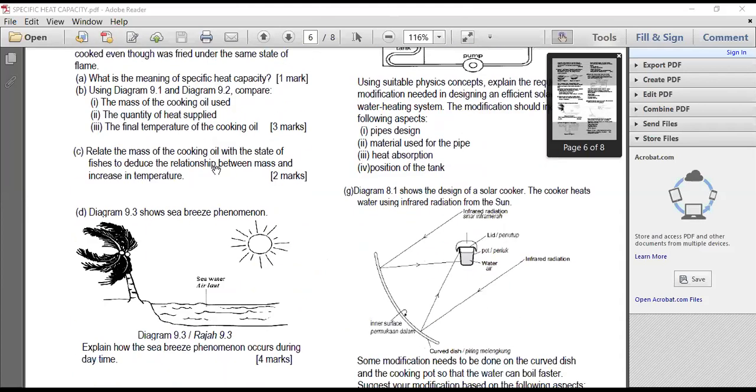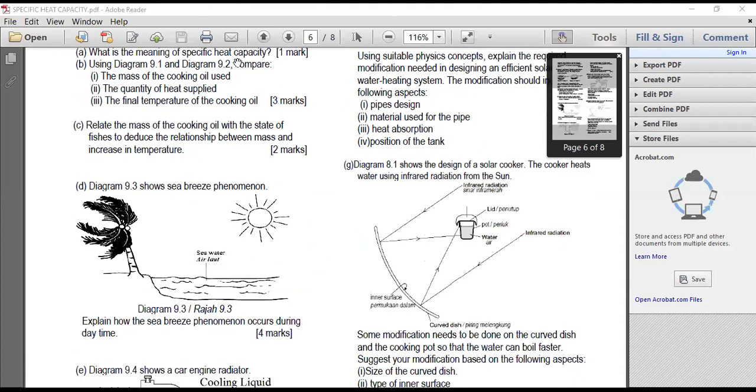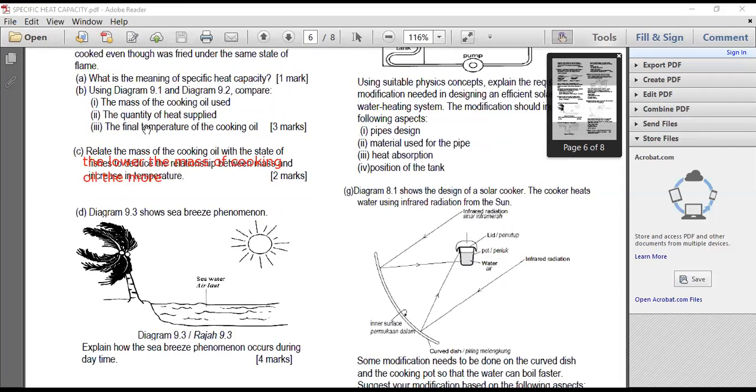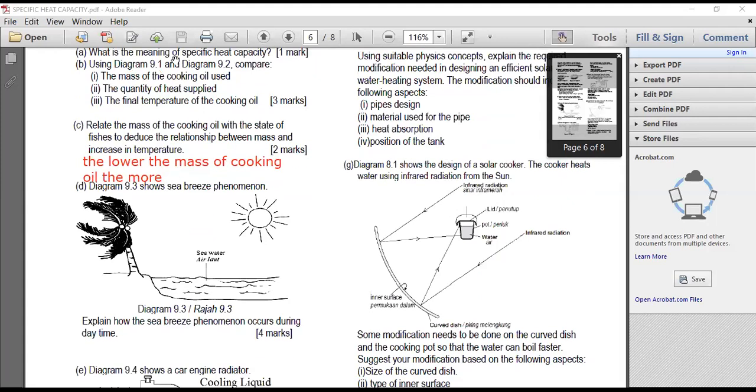Next, relate the mass of the cooking oil with the state of the fishes to deduce the relationship between mass and increase in temperature. This one is actually the same as just now. They use the word scorch here, or burnt.